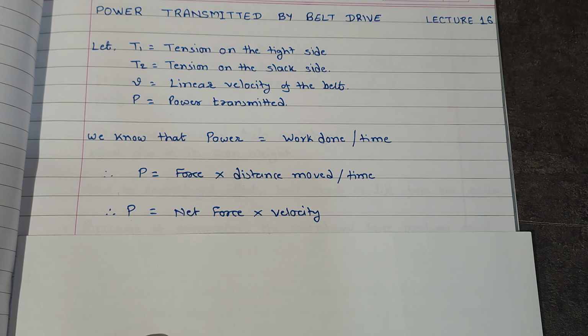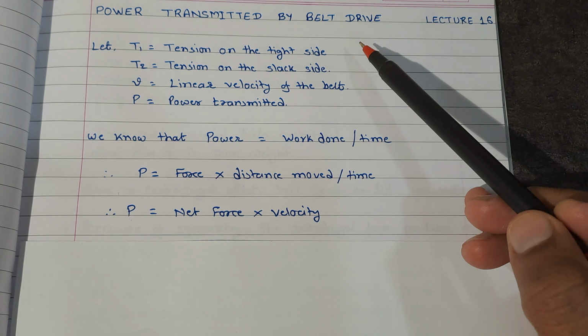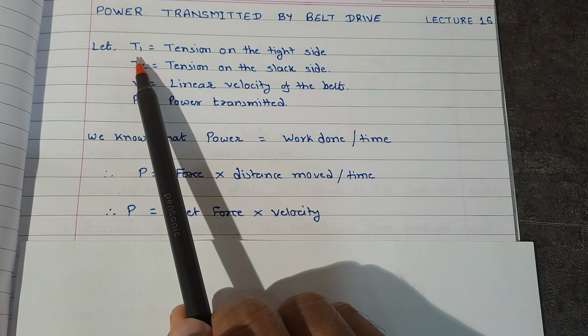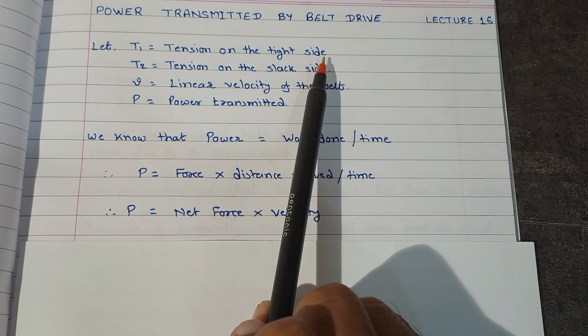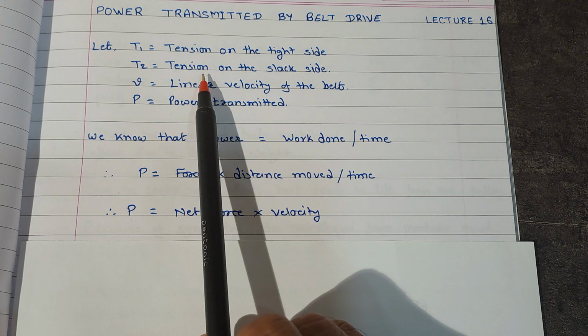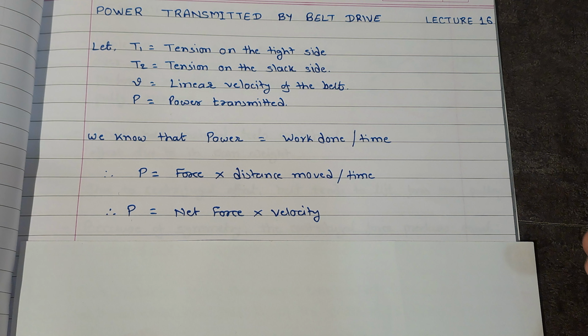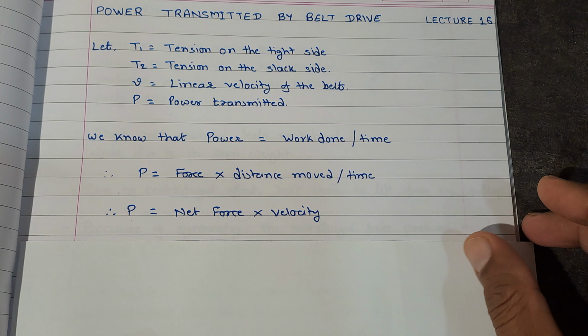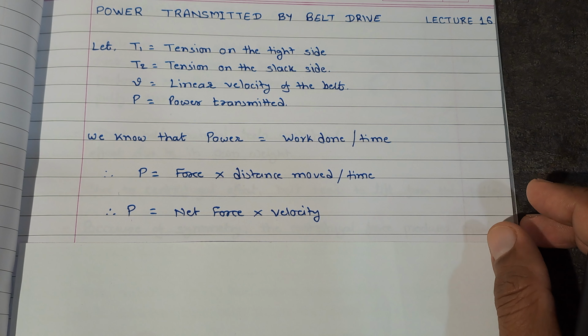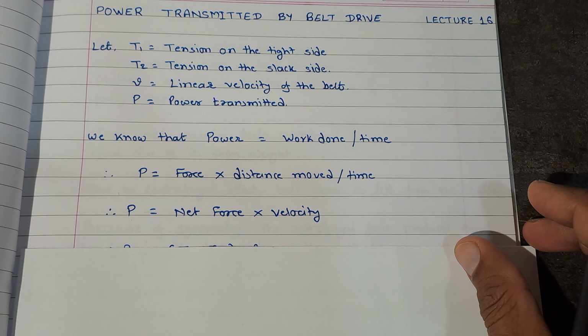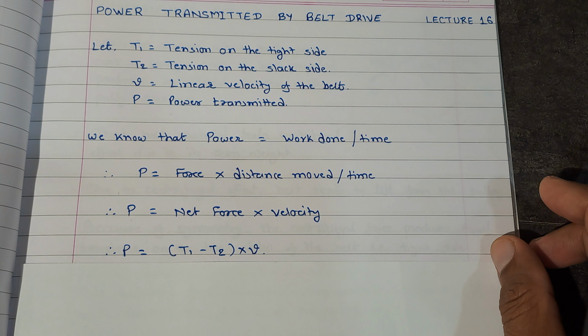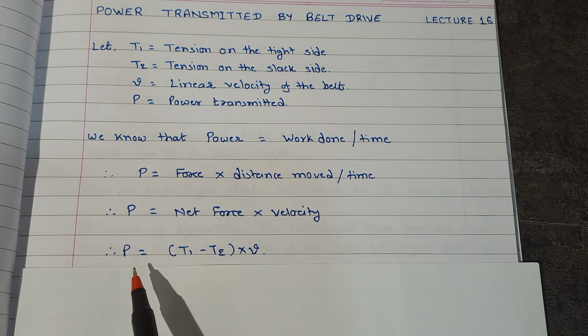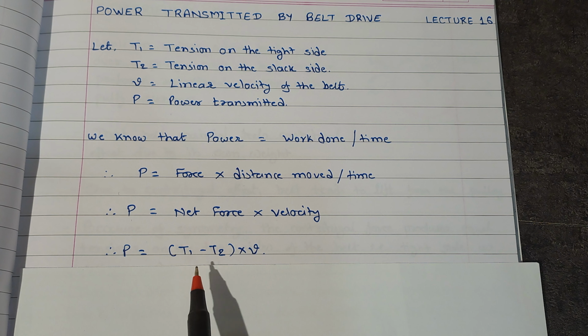Now, as we know, two tensions are acting on the belt. T1 is the tension on the tight side and T2 is the tension on the slack side, and both the tensions act in opposite directions. Hence the resultant force, the net force acting on the belt, is T1 minus T2.